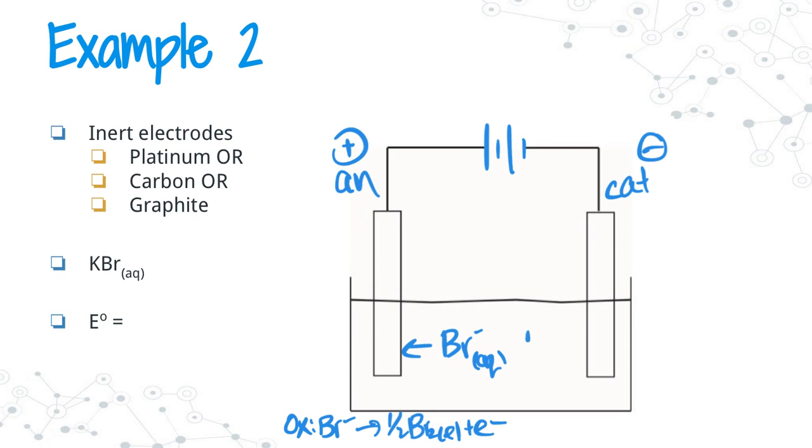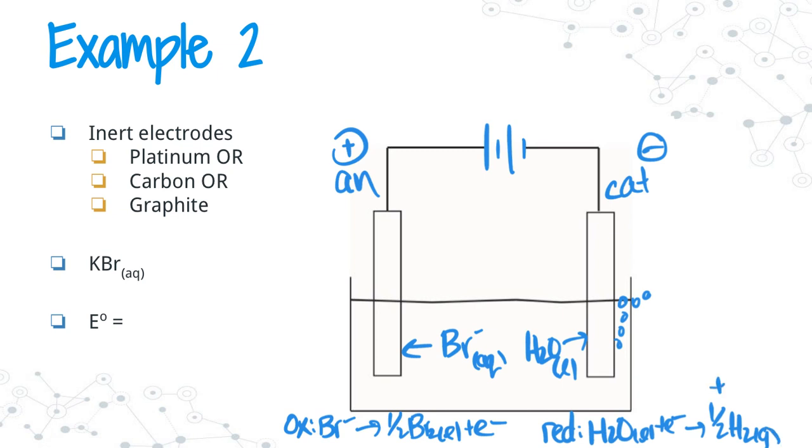And then at the other side, it's our water that's being attracted here, and it's going to create hydrogen gas. So it's actually going to create some bubbles of hydrogen gas. So if we were to write out the reaction, taking it from our table, we'd have liquid water, we would have an electron, and that's going to give hydrogen gas and hydroxide ions.